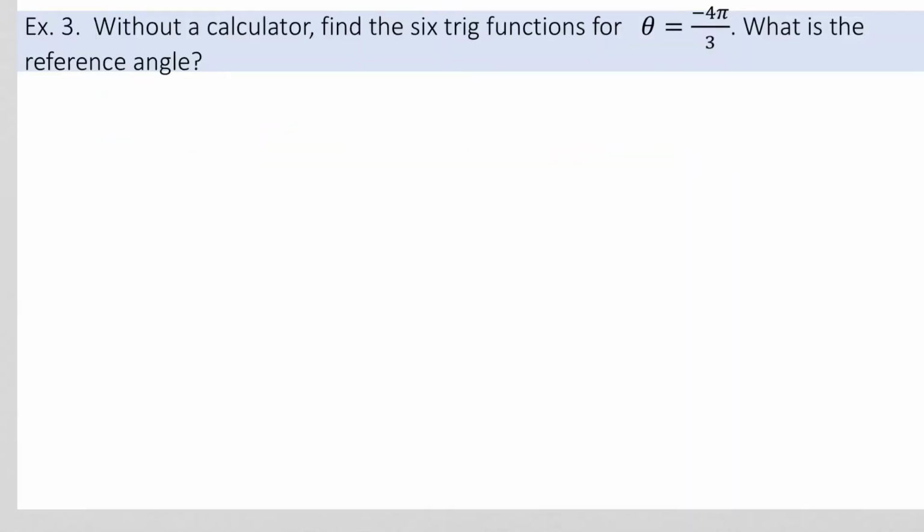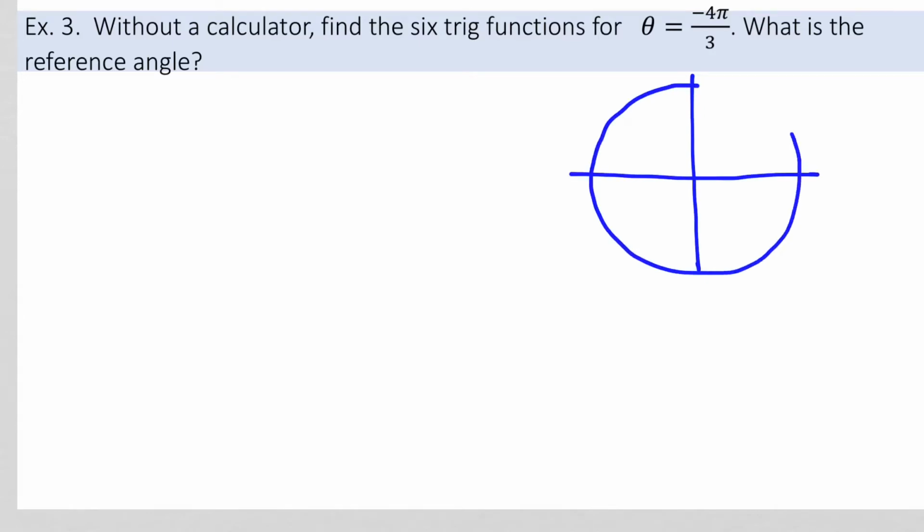This example says, without a calculator, find the 6 trig functions for theta is negative 4 pi over 3. What is the reference angle? All right, so let's draw our angle negative 4 pi over 3 on the unit circle. Now let's go back and look at our diagram.